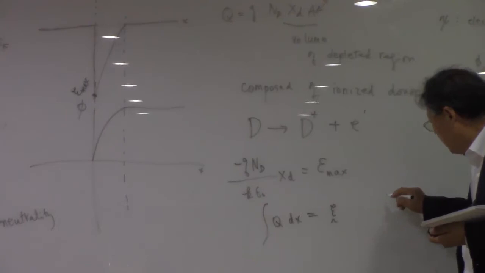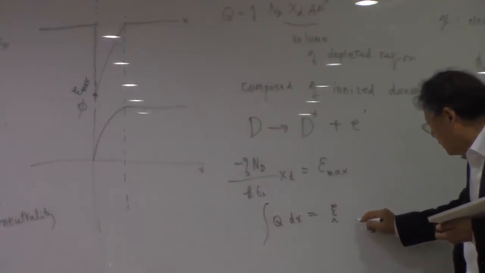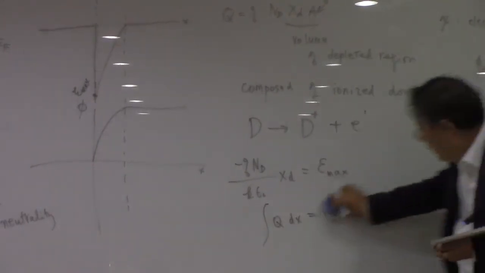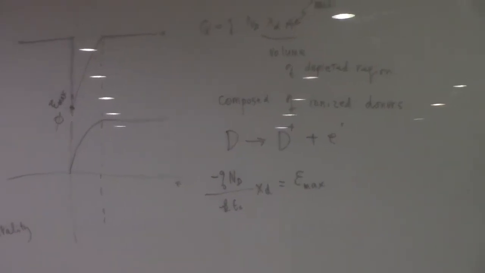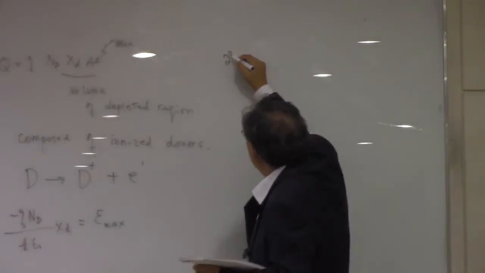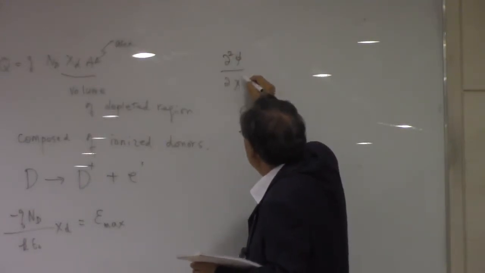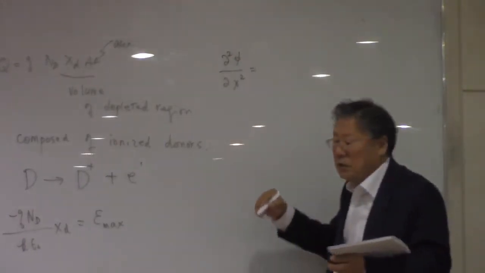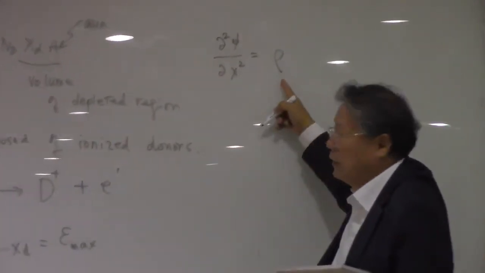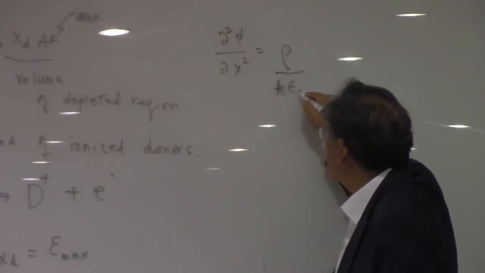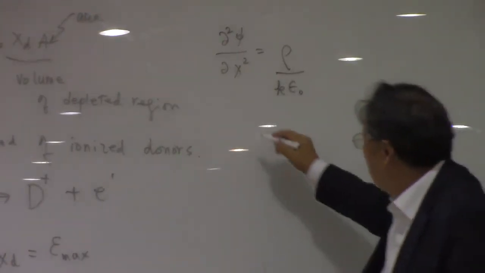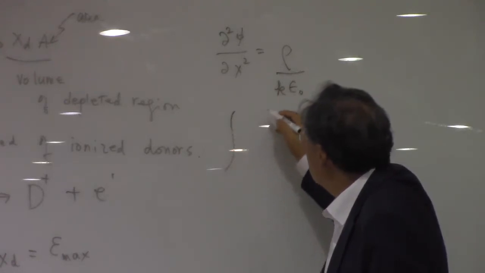Let me write down the Poisson's equation. If you have a second derivative of the potential, then it's related to the charges, K E naught, something like this.